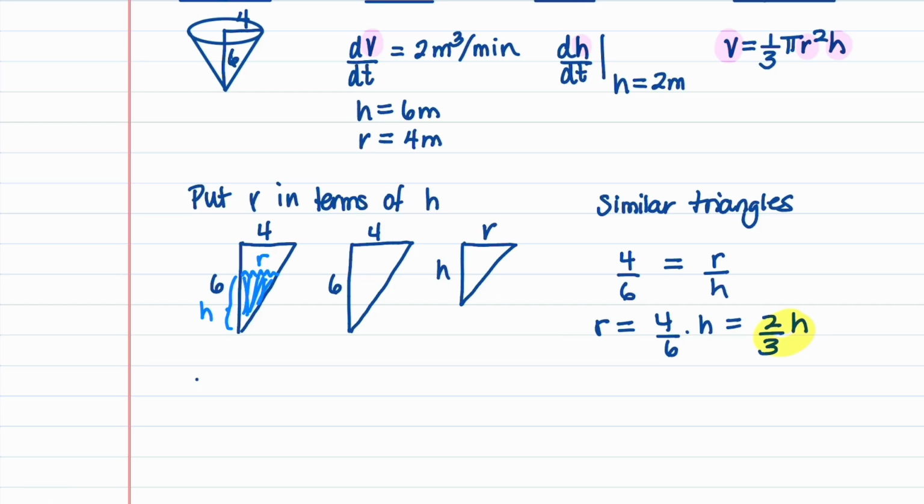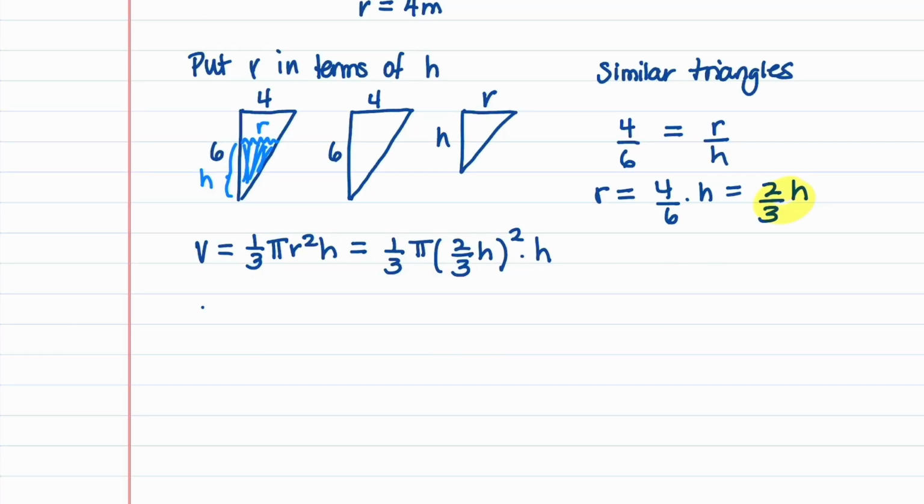Our formula is V equals 1/3 pi r squared h. Now we substitute in that r is 2/3 h, so we have 1/3 pi, 2/3 h squared, times h. Our volume then is 2 squared, which is 4, and 3 times 3 times 3, which is 27, so we have 4/27 pi h cubed.